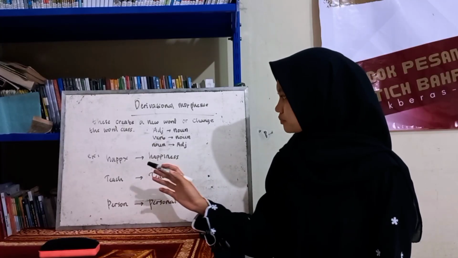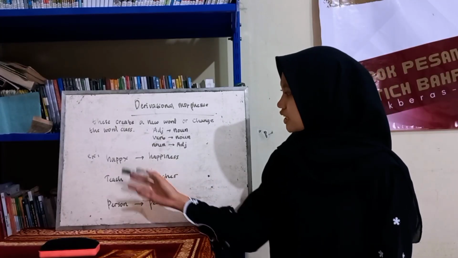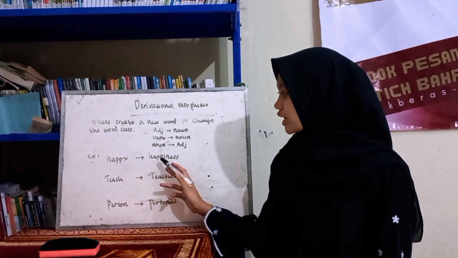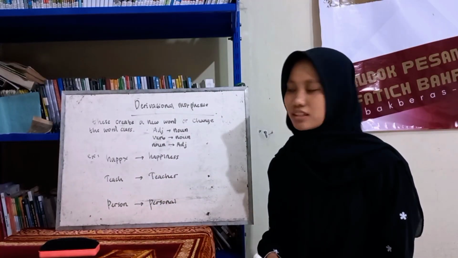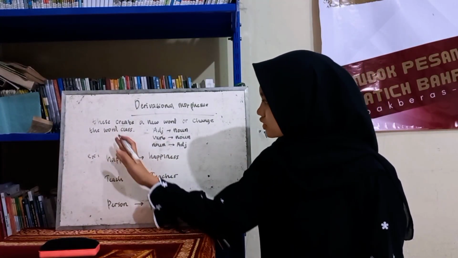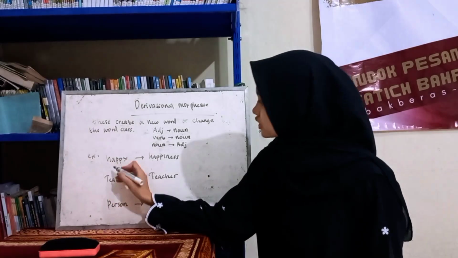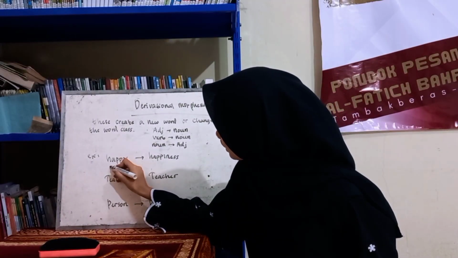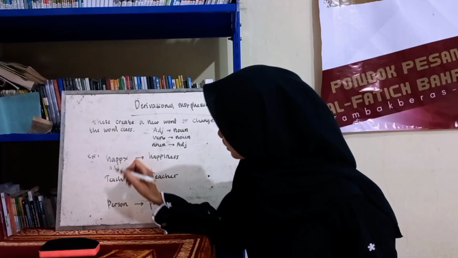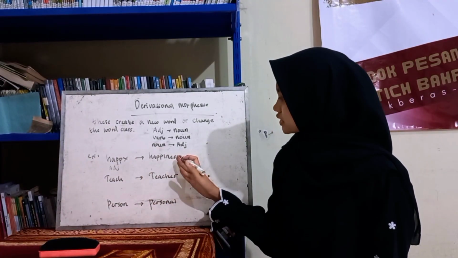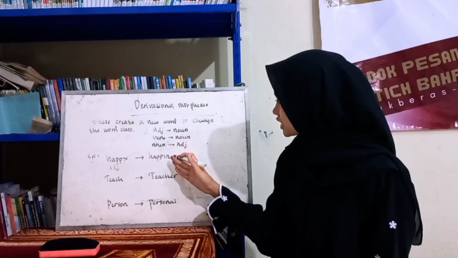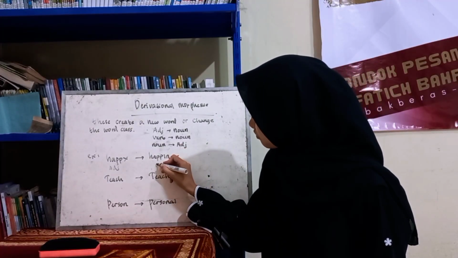For example, the word happy becomes happiness. It means the word class is changed. The first word, happy, is an adjective, and it becomes happiness. The word class of happiness is noun.